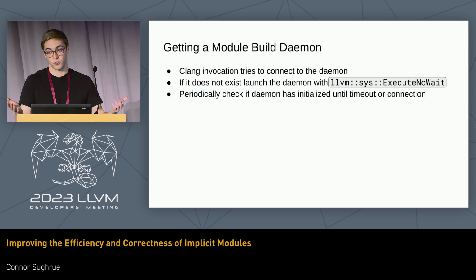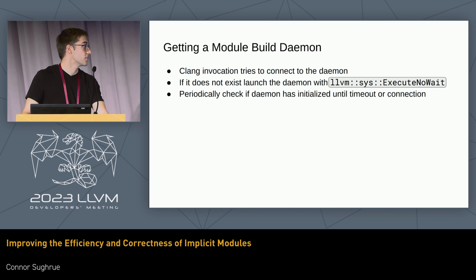If that's successful, great, a daemon exists, and it returns the file descriptor. If there is an error, then it uses ExecuteNoWait to spawn the daemon, and then periodically checks, by trying to connect to the daemon socket address, whether the daemon has finished initializing. This continues until either a timeout is reached or a successful connection is made.